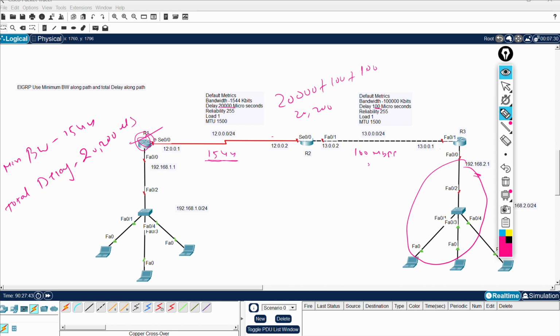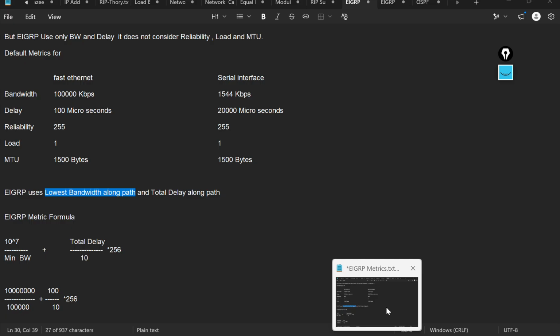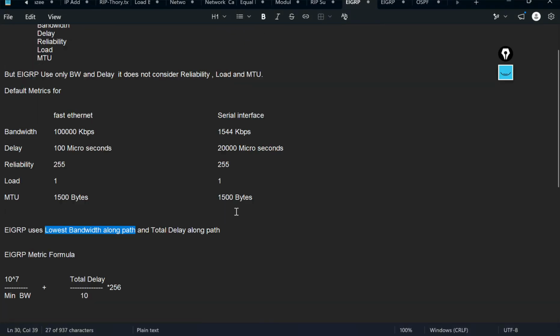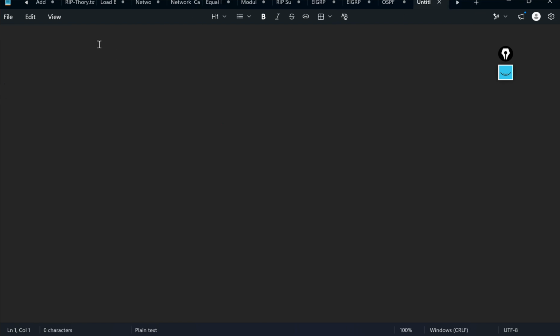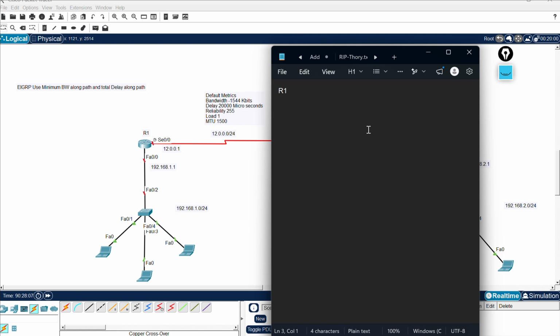Here I will show you this. First I will configure these interfaces on R1, R2, R3, and then we will see the bandwidth, delay, everything. So the configuration is: R1, enable, configure terminal.